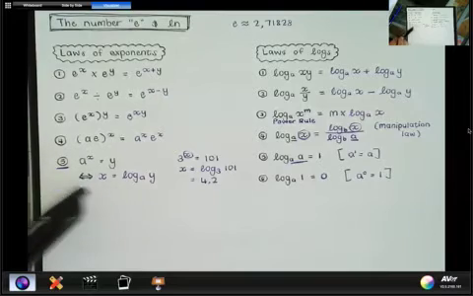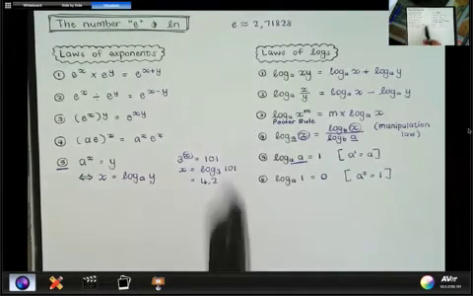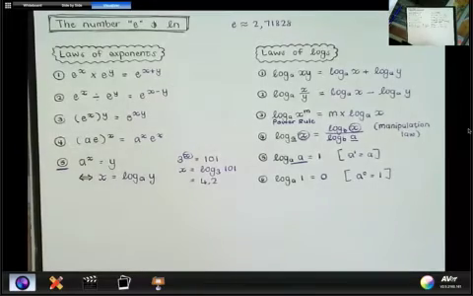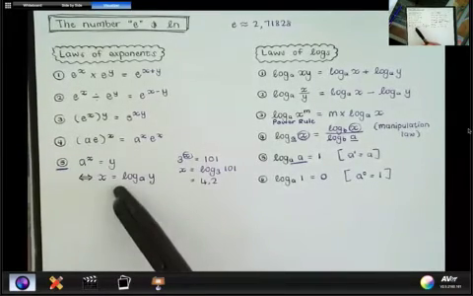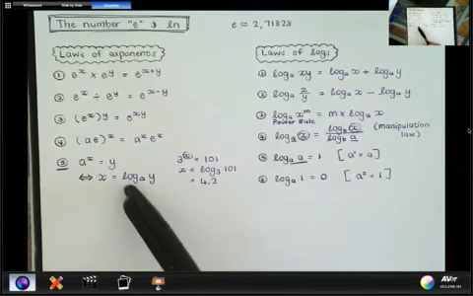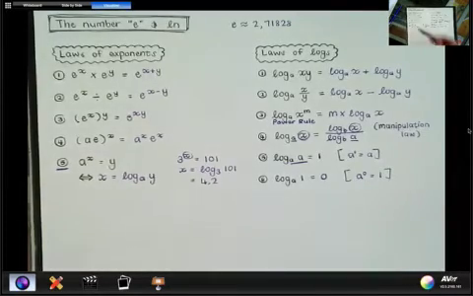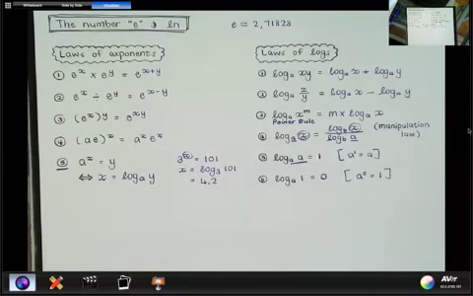If you have this double-barreled arrow, it means that you can go in either direction. You can go from exponential form and rewrite it as log form, or you can go from log form and rewrite it in exponential form. So this is an arrow that we also could possibly use going forward, and I just wanted you to know what that means.